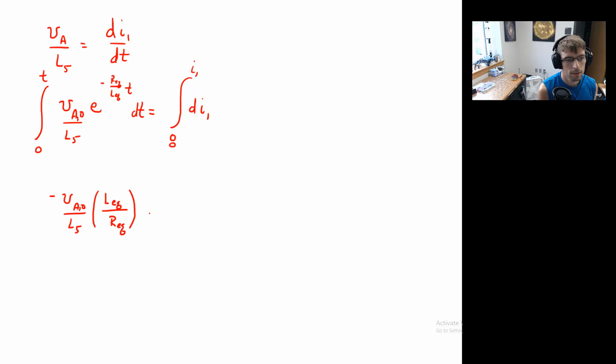And then we have this e to the negative REQ over LEQ t minus 1. Don't forget we're evaluating at 0, so you end up with that minus 1 in there. And of course on this side we get I minus 8.